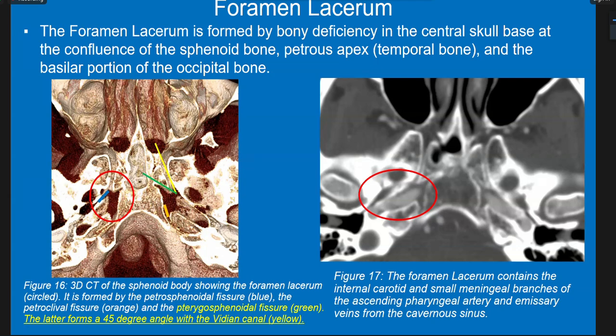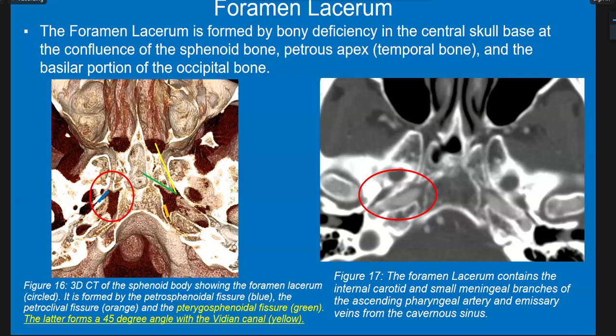And there's this fissure here that is almost 45-degree in orientation relative to the Vidian canal, and that is the pterygosphenoidal fissure. So again, the foramen lacerum is a bony deficiency between three important bones: the sphenoid bone, the petrous portion of the temporal bone, and the clivus, the occipital bone.